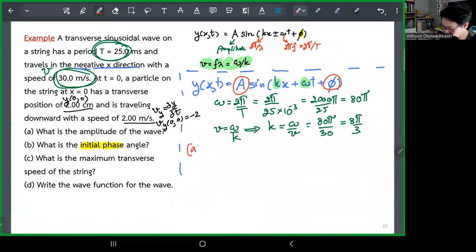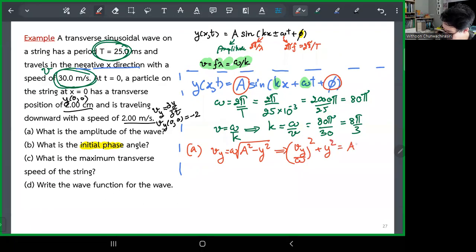So part A, what you need is just to use, here we go, speed equal to omega times the square root of A squared minus y squared. So you can move things around a little bit. It's going to be Vy over omega, the whole thing squared, plus y squared equal to A squared, and then you just square root them one more time.